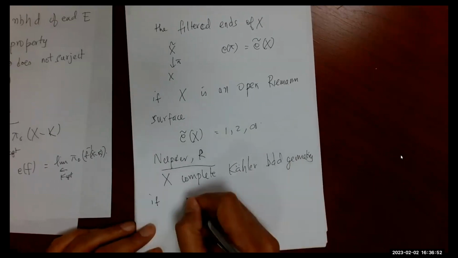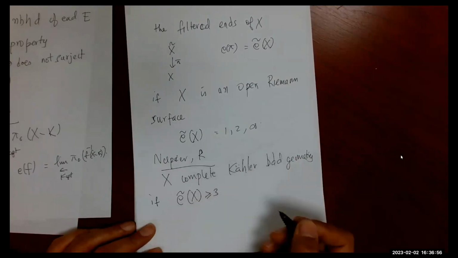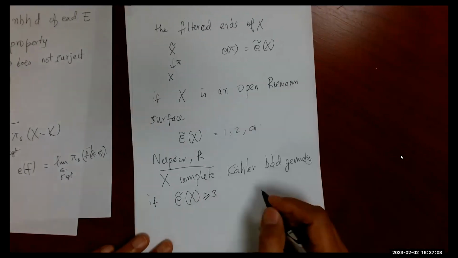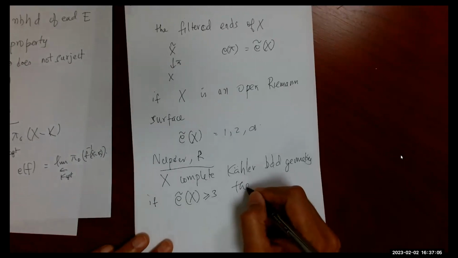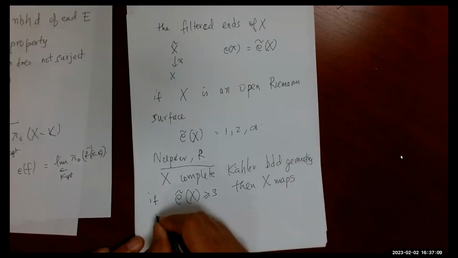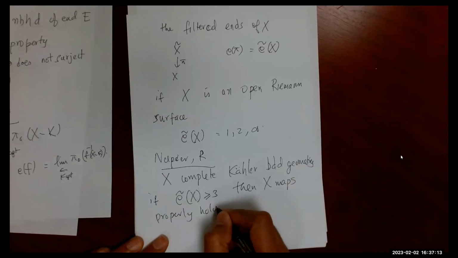If E twiddle of X is greater than or equal to 3, then X maps properly holomorphically onto a Riemann surface. In the general case it can be any number you want; only on a Riemann surface do you have these restrictions.